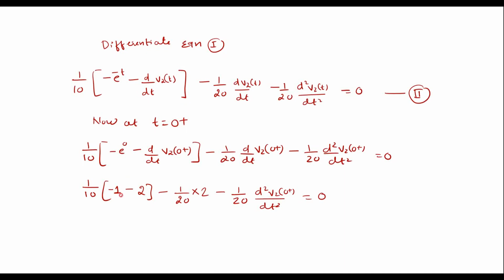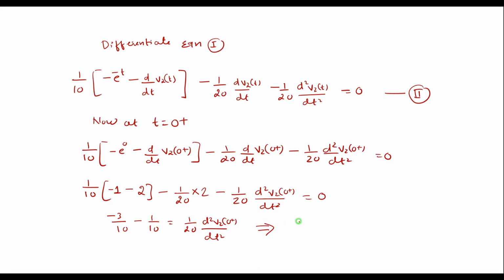So now simplifying this, this will be minus 3 by 10 minus 1 by 10 is equal to 1 over 20 d square V2 of 0 plus by dt square.